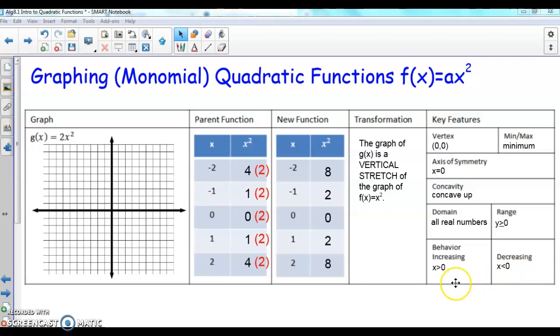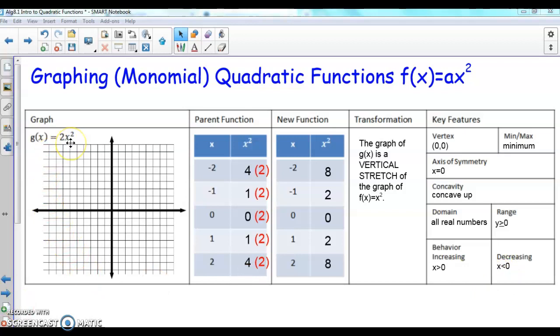So you can tell that the graph is going up when x is greater than 0, and the graph is going down from left to right when x is less than 0. If you notice, these two signs here are somehow matching. So if this is y greater than 0, then the interval for which the graph is increasing is x greater than 0. And then, of course, the other direction is when it is decreasing.